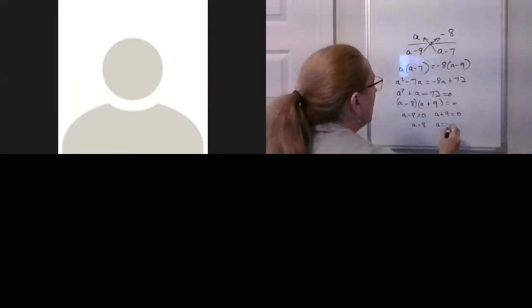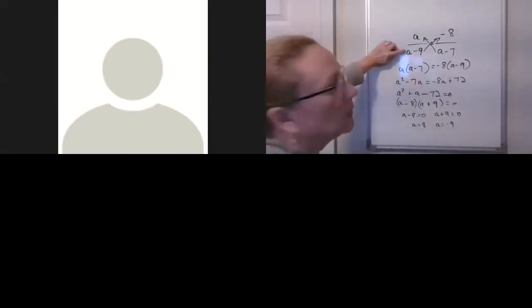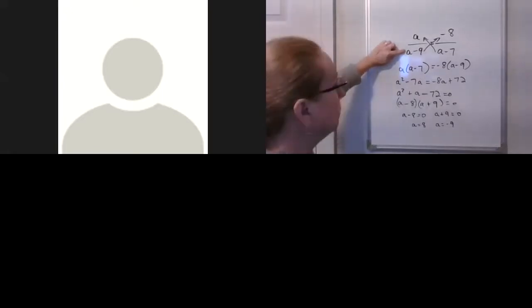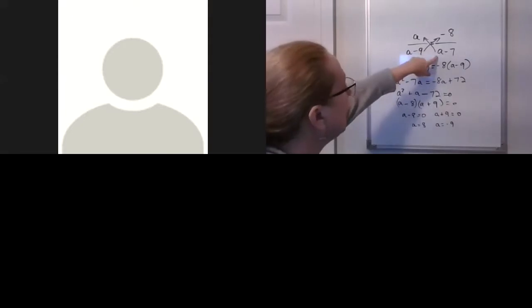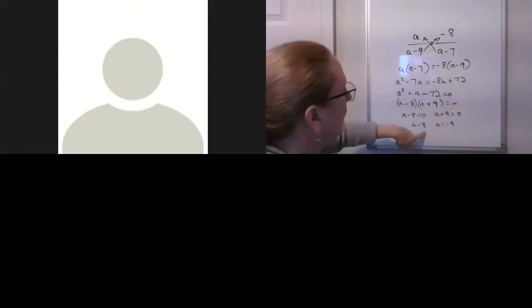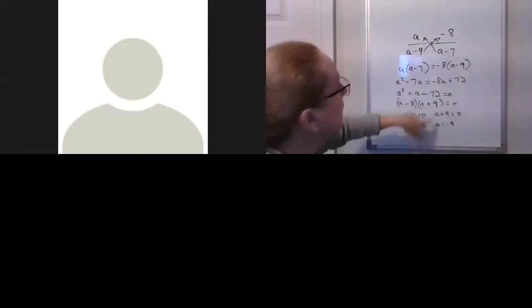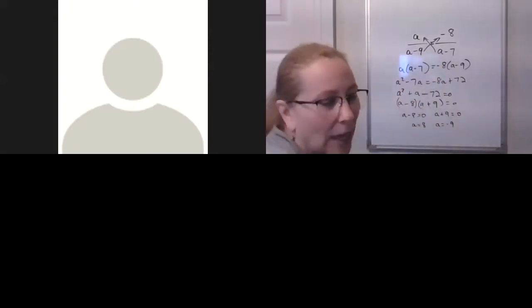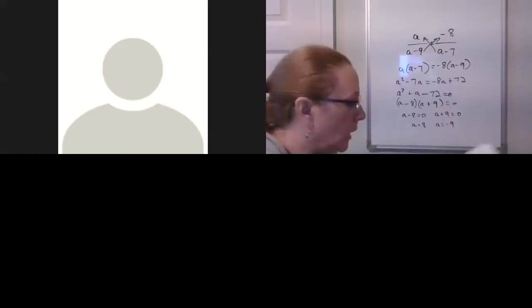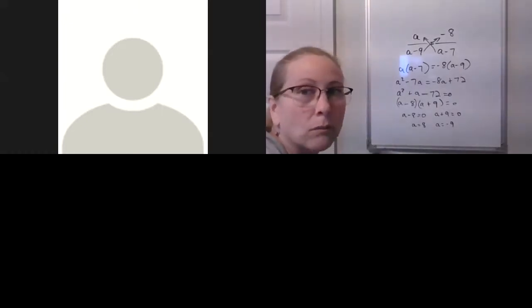A could be negative 9. Well, let's check. A can't be 9, but it can be negative 9. That's fine. A can't be 7, but it can be 8. No problem. So our only restrictions would be 7 and 9. Here we've got 8 and negative 9. So both of those are in. We would have a double answer, 2 answers.